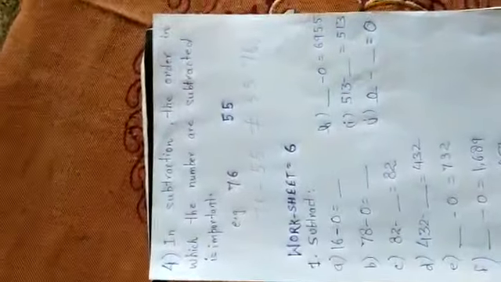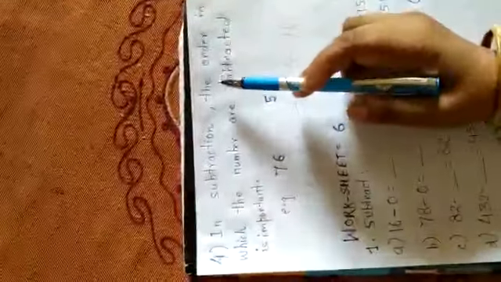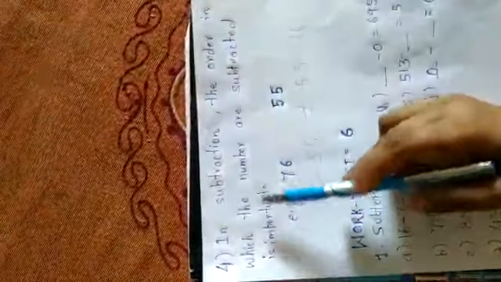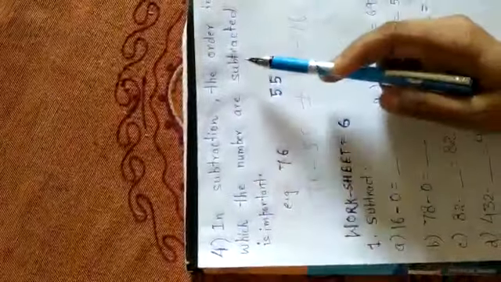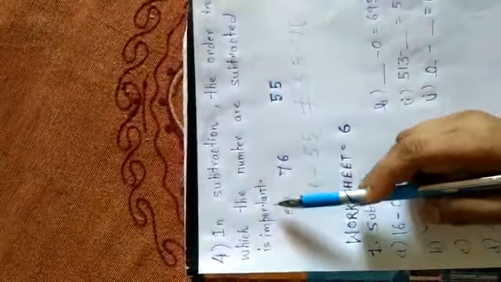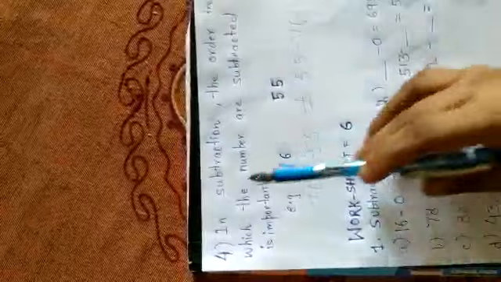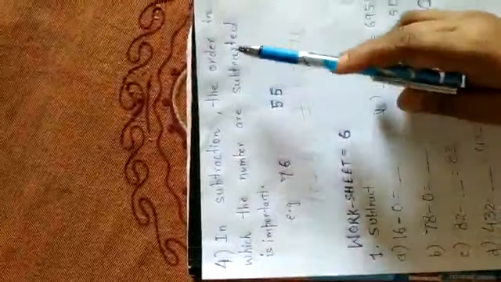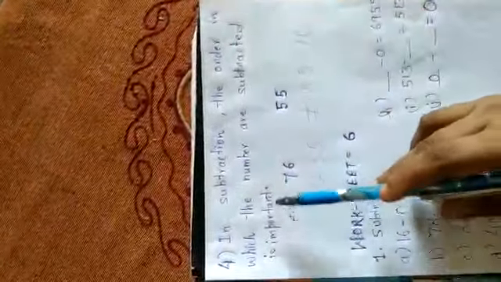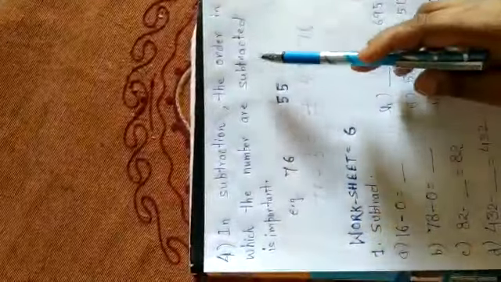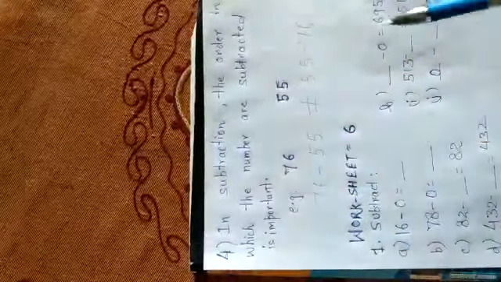Now come to property number 4. In subtraction, the order in which the numbers are subtracted is important.